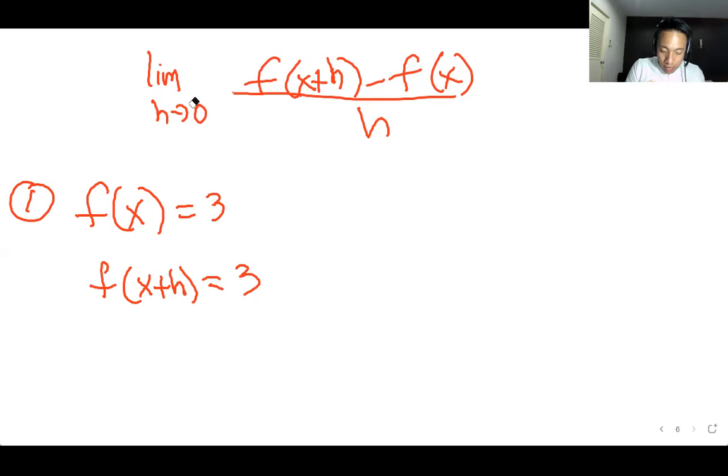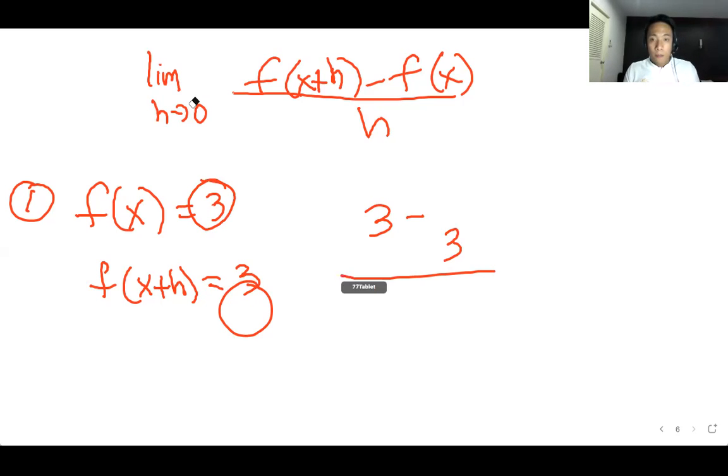So we have f of x plus h, which is 3, okay, minus our f of x is also 3, and all over our h. Okay, so we have 3 minus 3, that will be 0, over h, and any number that has a numerator of 0 is always 0.